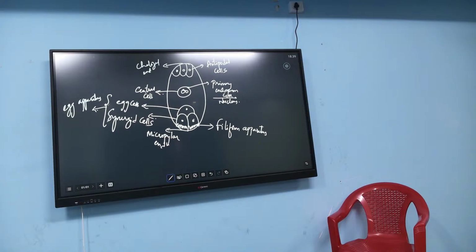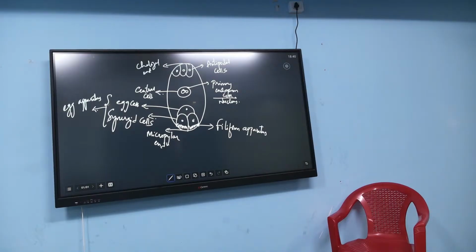In other plants, bryophytes, pteridophytes and gymnosperms, we see only fertilization taking place. But angiosperms are advanced, highly complex plants with the double fertilization process.